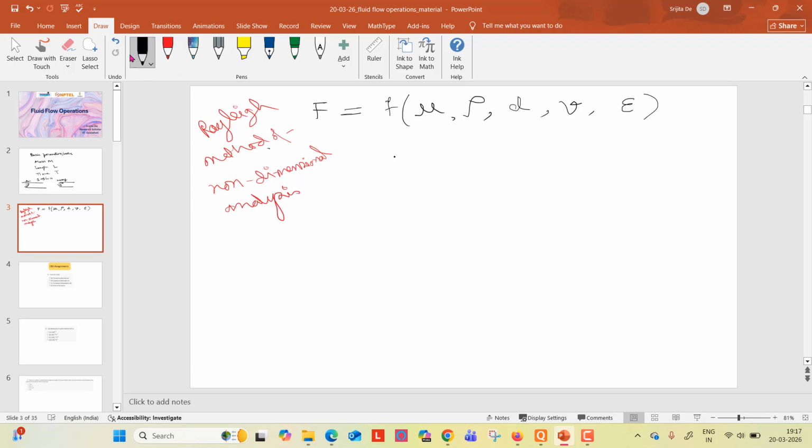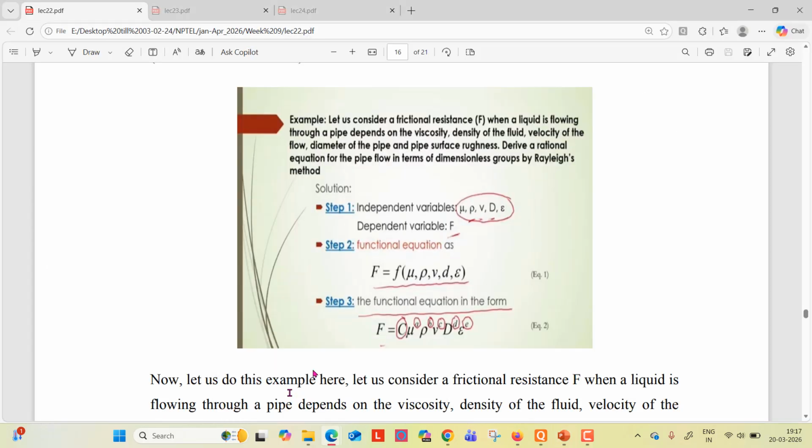F is proportional to, so we will have a proportionality constant C, and it will be mu to the power a, rho to the power b, D to the power c, V to the power d, and epsilon to the power e. To make it in the same form, I should write V first.